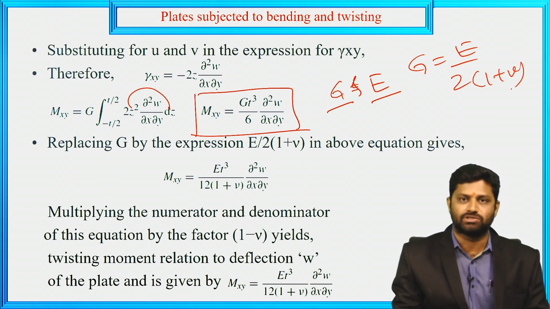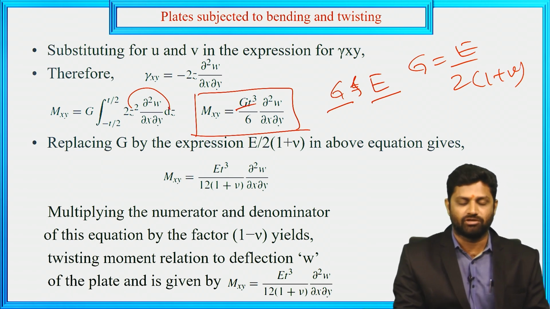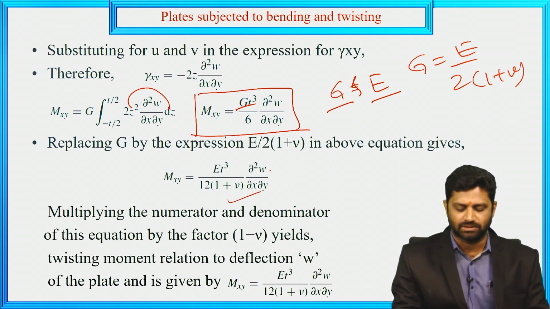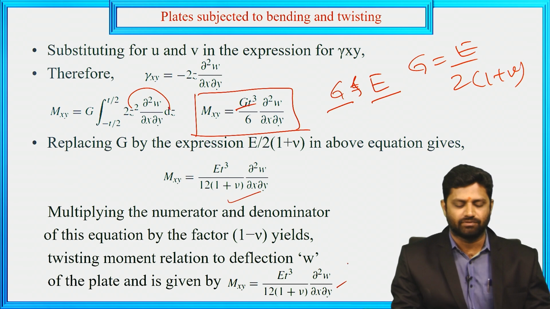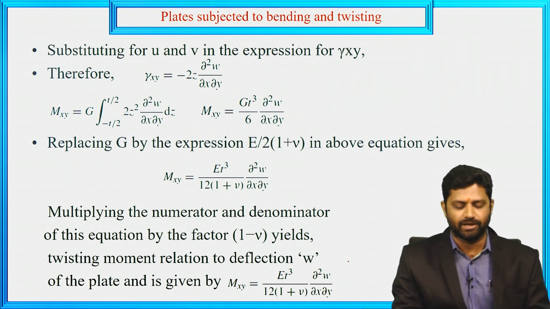Now when you substitute this in place of G, the equation modifies for Mxy, which is equal to Et³/12 into (1 plus ν) into ∂²w/∂x∂y. Okay, so Mxy we got this expression, Mxy equal to Et³/12(1 plus ν) into ∂²w/∂x∂y.